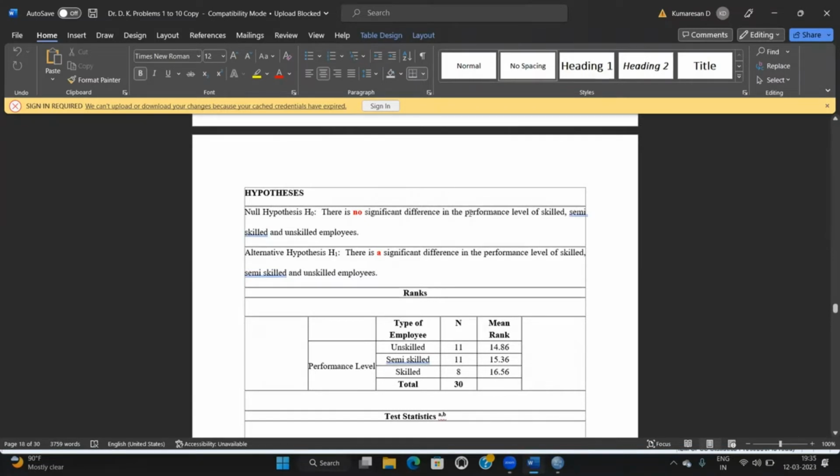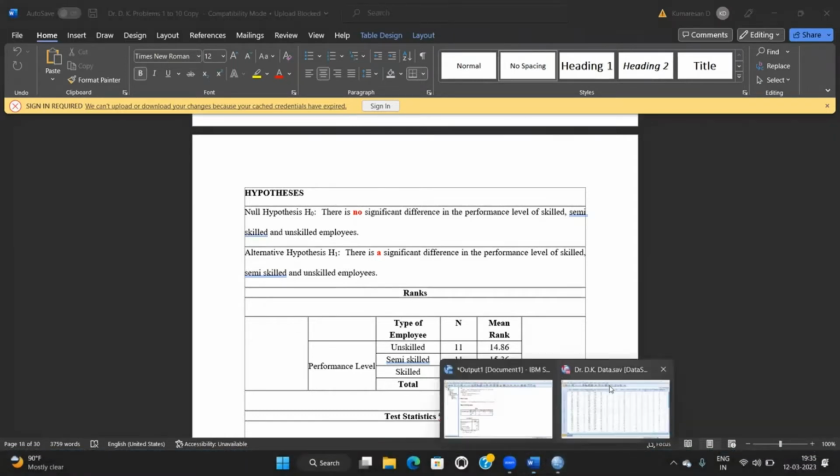There is no significant difference in the performance levels of skilled, semi-skilled, and unskilled employees. What is alternative? There is a significant difference in the performance levels of skilled, semi-skilled, and unskilled employees. That's it. Now, let us go to the analysis.